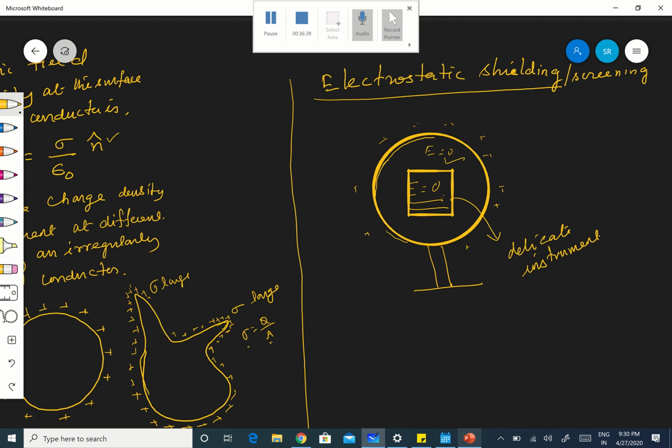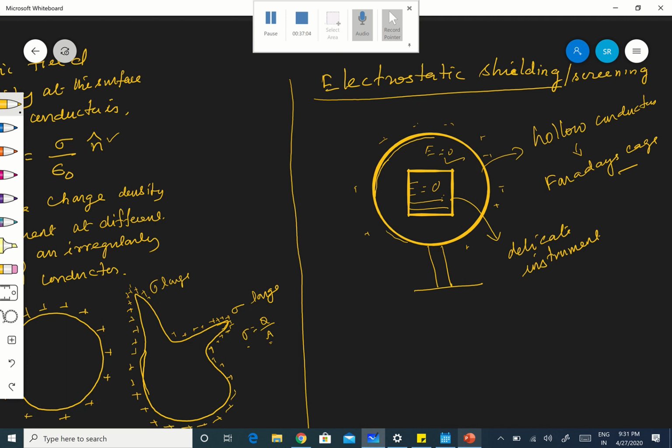Such hollow conductors are called a Faraday's cage.